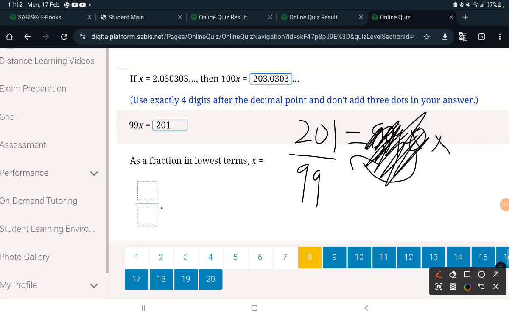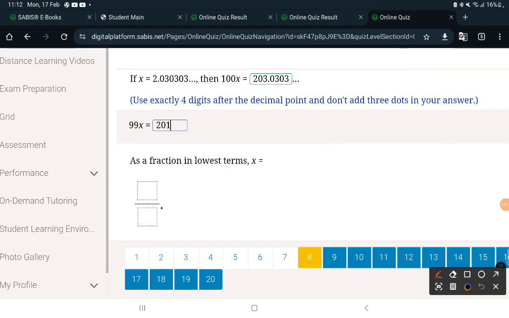Okay, so 201 looks like it could be divisible by 3. So let's try that. 20 divided by 3, the closest one is 6 and 18. Wait, let's make that more neat.